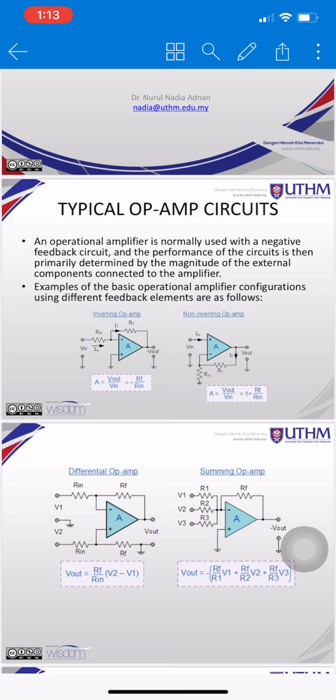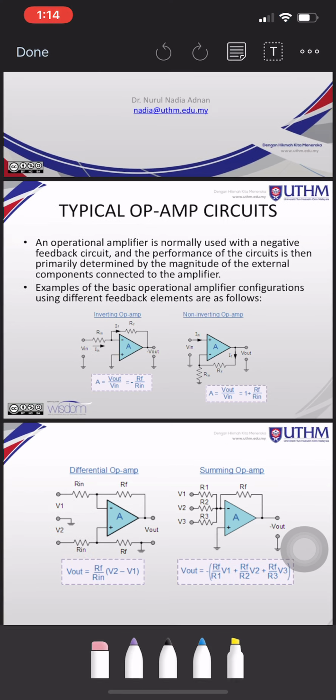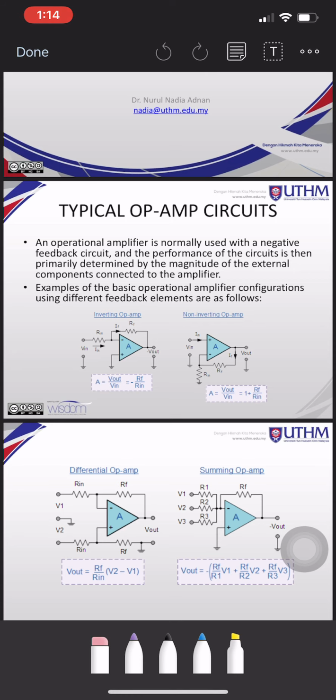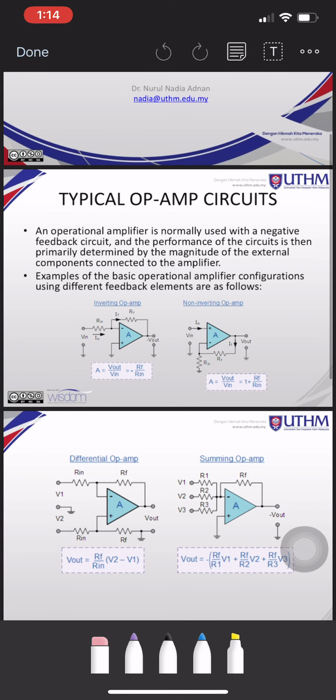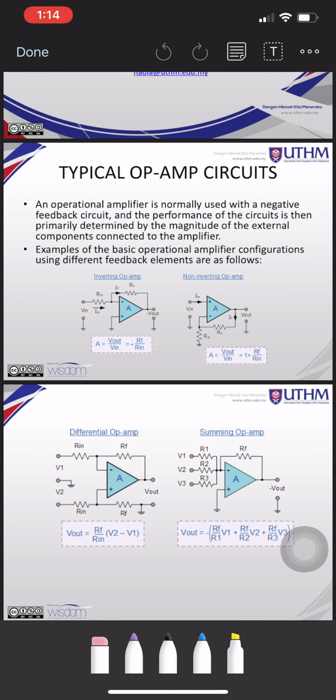As I previously mentioned, the op-amp can be used for circuits that do addition, subtraction or differentiation, so the function depends on our circuit. Here there are 4 circuits or configurations that I want to show. First is the inverting op-amp, second is the non-inverting op-amp, third is the differential op-amp, and fourth is the summing op-amp.